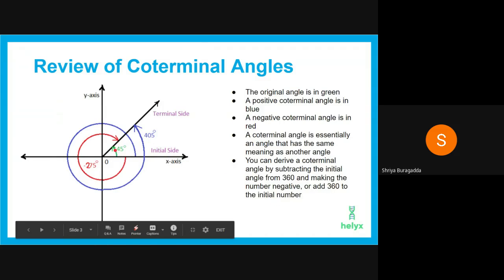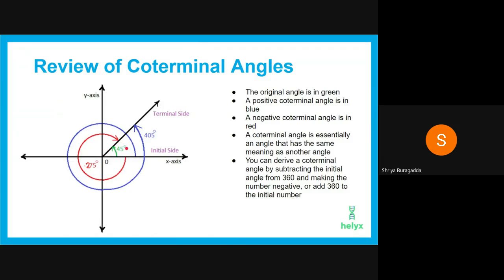So to get the negative coterminal angle, I'll take this drawing as an example. So you just do 360 minus 45 and then make it negative. So the negative just tells us that we're going in the opposite direction. So we're going clockwise instead of counterclockwise, because we usually go counterclockwise when we're just doing angles in general.